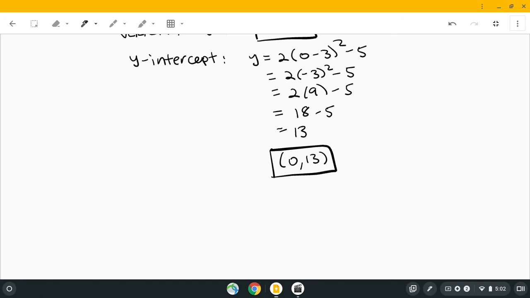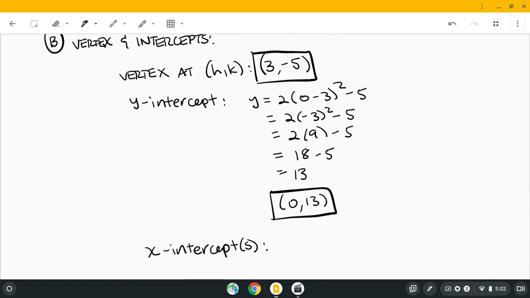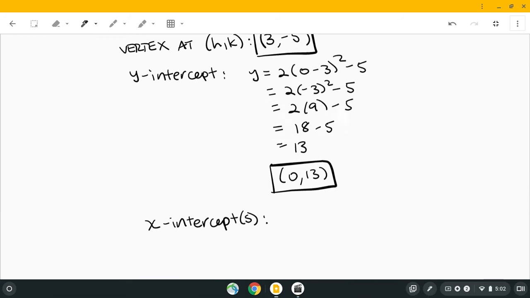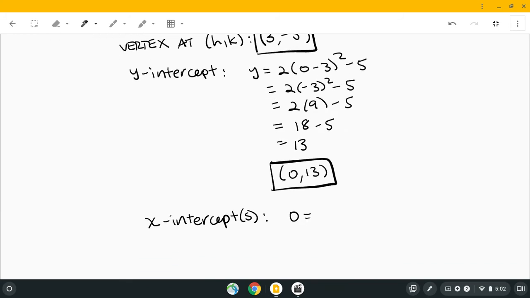Okay, and then the x-intercept, we let y be 0 now, so 0 equals 2(x minus 3) squared minus 5.